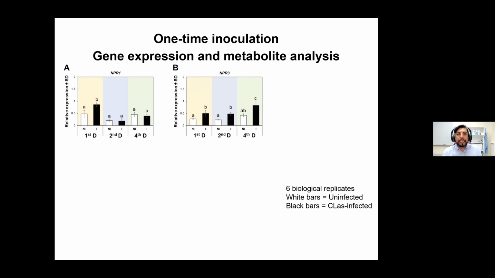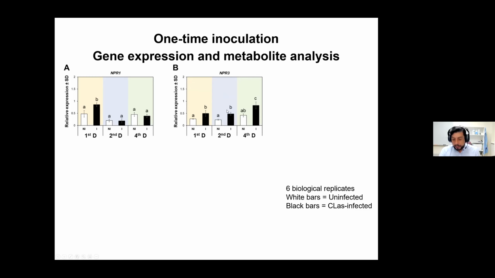So technically we did find a higher expression in the infected ones. It's important to say that the white bars are the uninfected plants, or the plants that were exposed to uninfected insects, and the black bars are the plants that were exposed to infected ones.